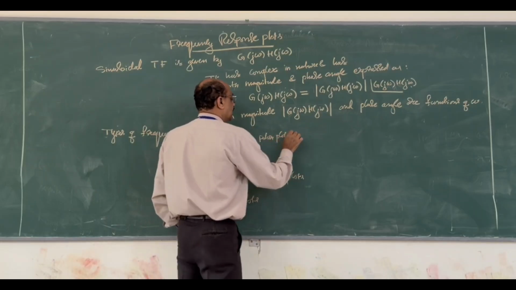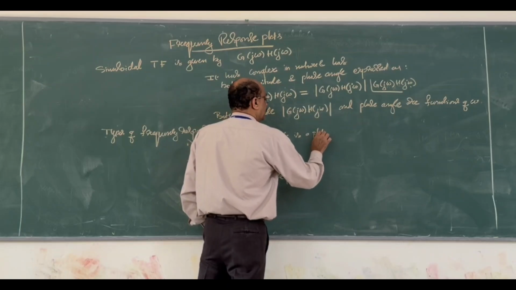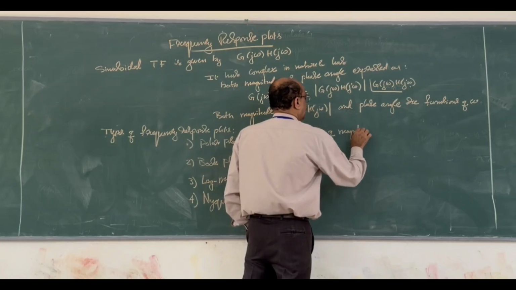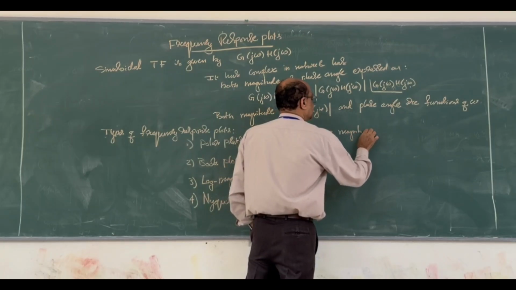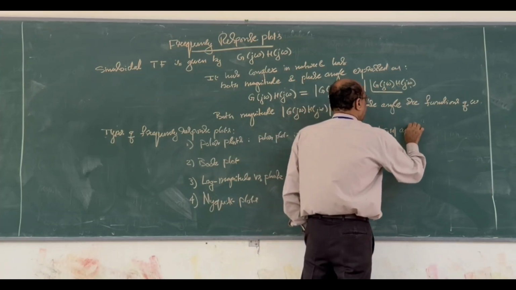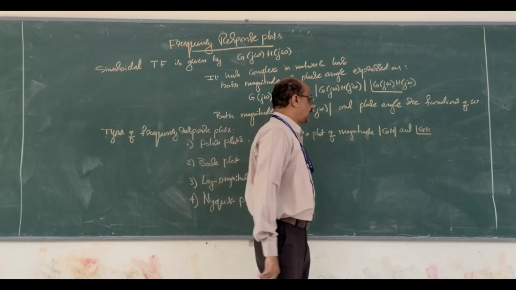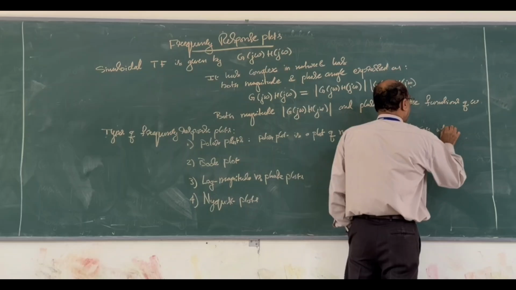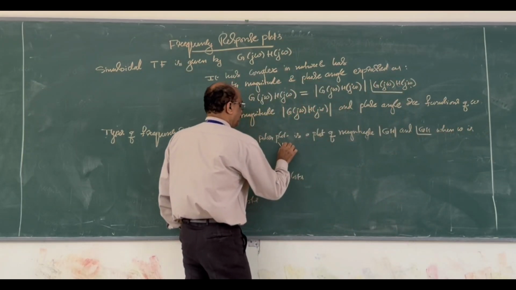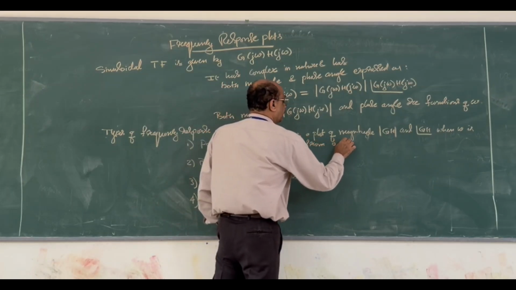Polar plot is a plot of magnitude of GH and angle of GH, I just dropped j omega, when omega is varied from 0 to infinity.